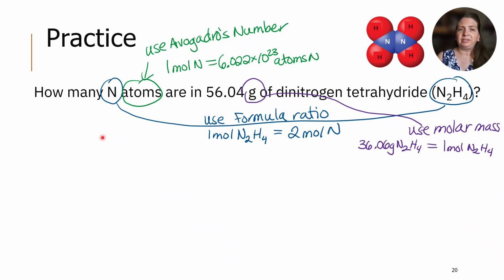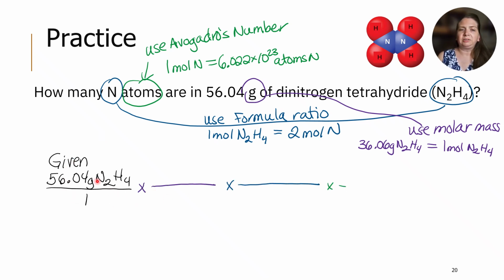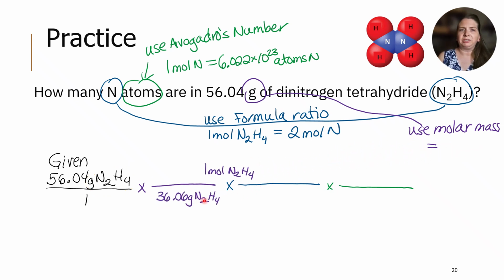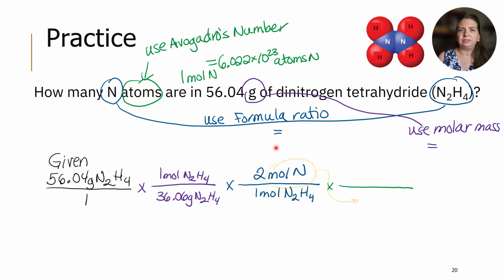Now begin with the given value, 56.04 grams of N2H4. We need to copy the unit from the numerator into the denominator of the next conversion factor. This will use the molar mass of N2H4. Next, convert the moles of N2H4 to moles of nitrogen using the formula ratio.